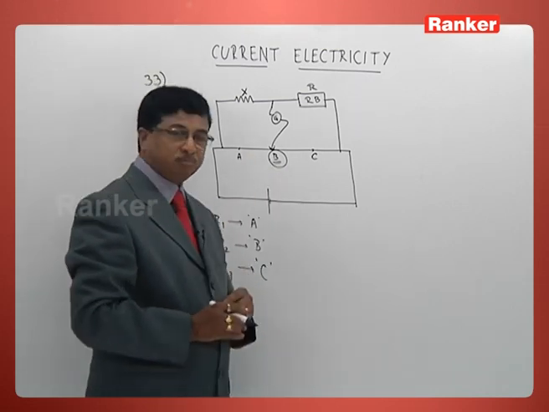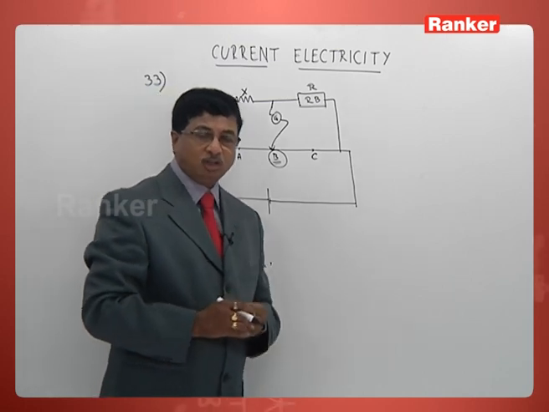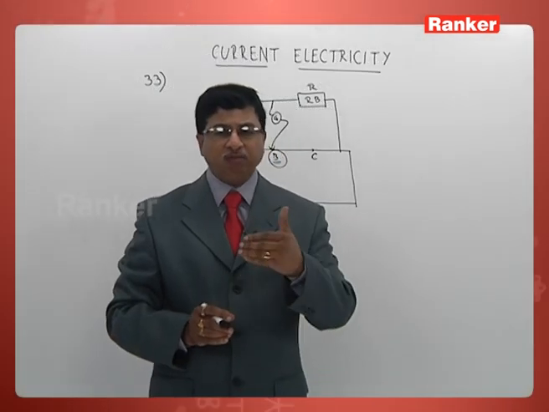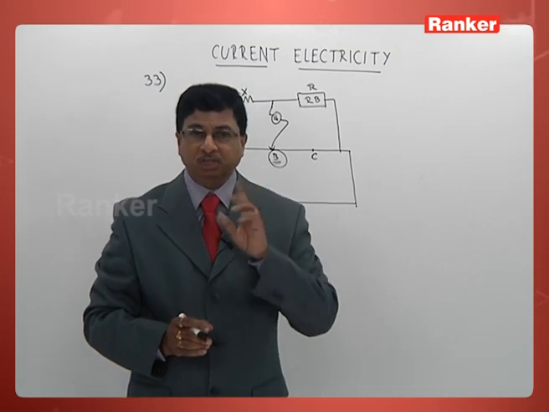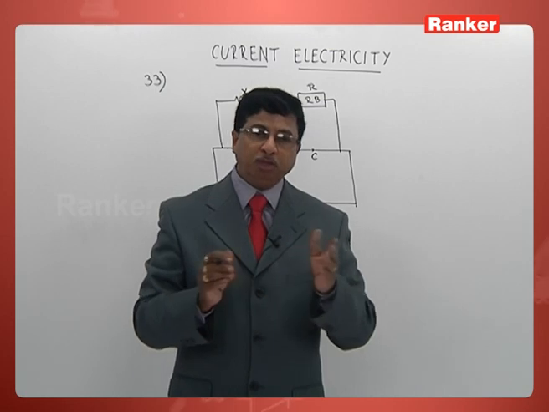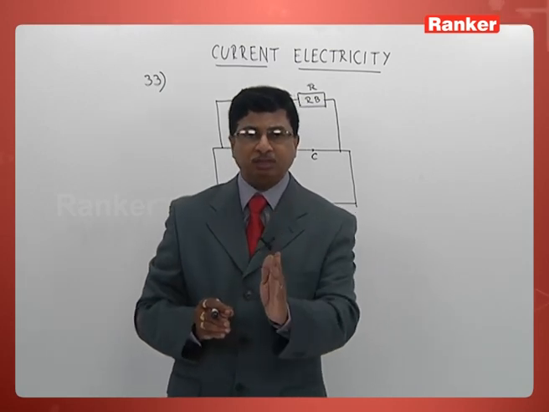So out of all the 3 points, the better choice is going to be B here. If you look at the options given, the first option is A, the second option is B, the third option is C, the fourth option is either A or C. The point here is very clear, it is going to be B. So remember, in a meter bridge, when will the meter bridge be perfectly balanced?